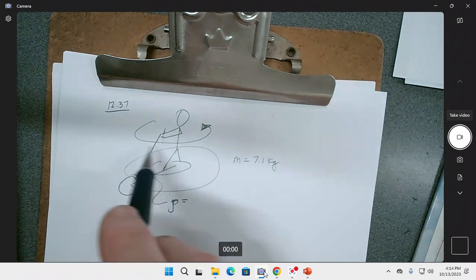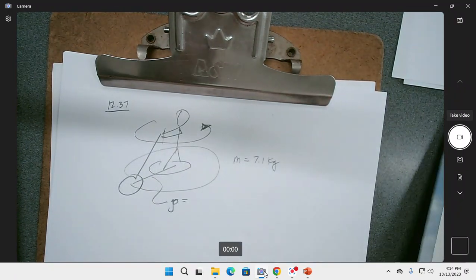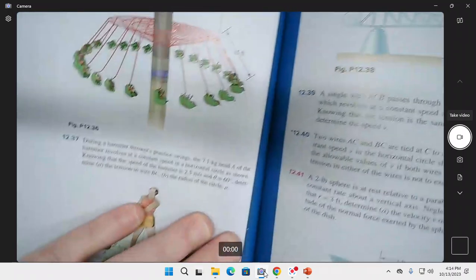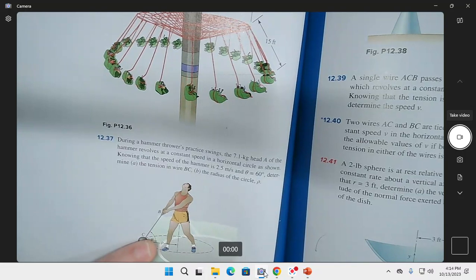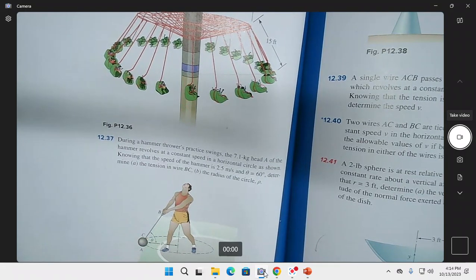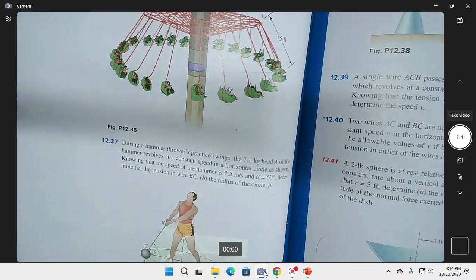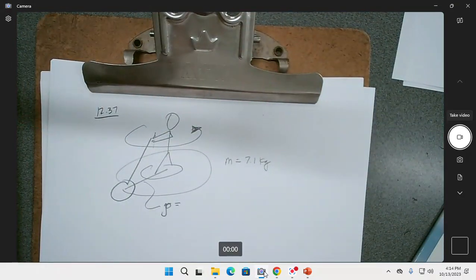And it's going to spin in the horizontal plane, making a circle. And we know that this is 60 degrees right here, and that the speed is 2.5 meters per second. So we're going to find the tension in the wire and the radius of the circle.